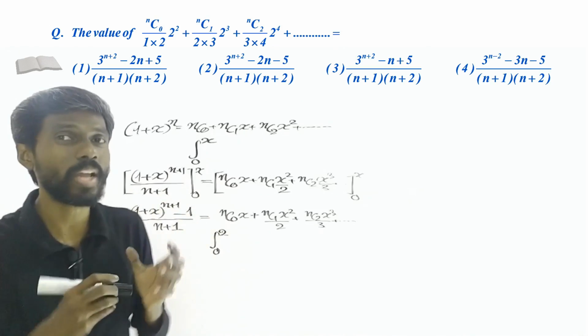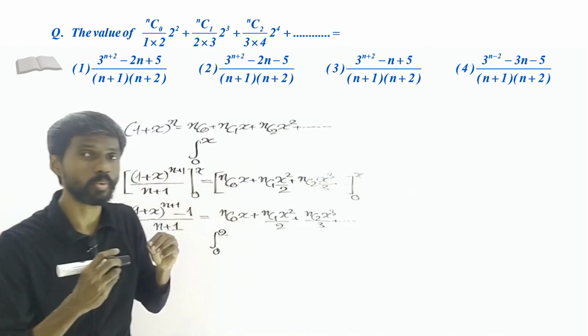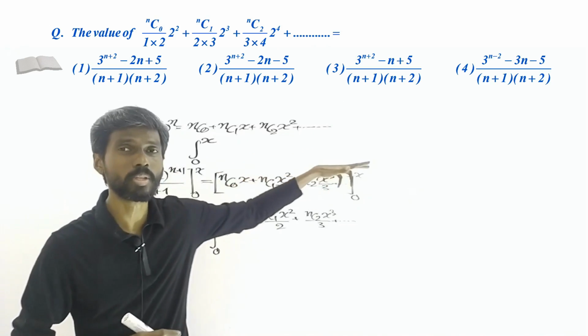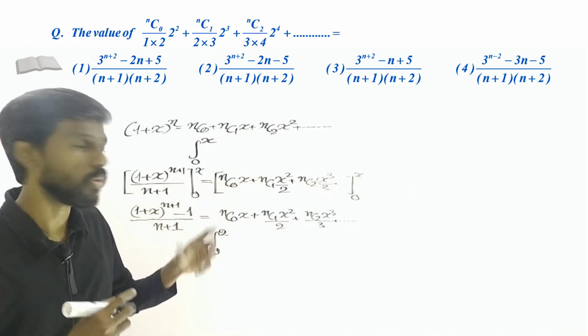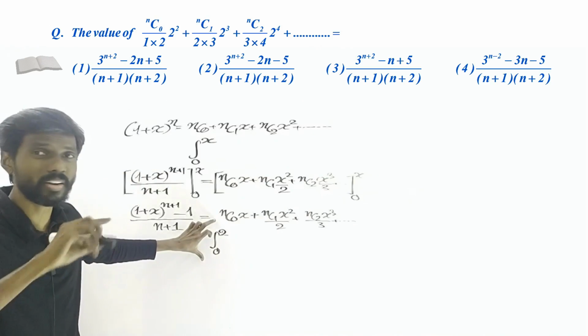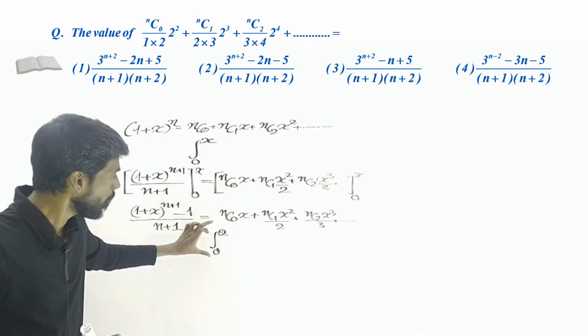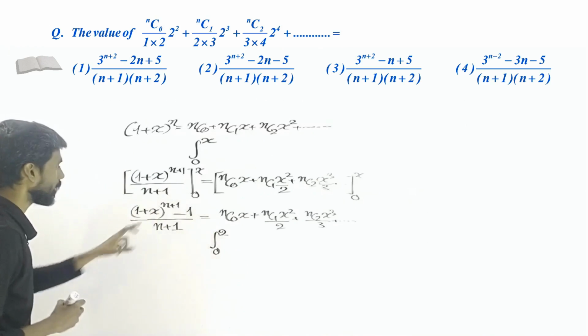That means x value is 1. The terms are x square, x cube, x to the power 4, but 2 square, 2 cube, 2 to the power 4, which means x becomes 2, right? That means you have to integrate from 0 to 2. If that 2 square, 2 cube are not there, we can just integrate from 0 to 1. That's what we did in the previous cases, right? But here 0 to 2. So let us do the integration of this again.